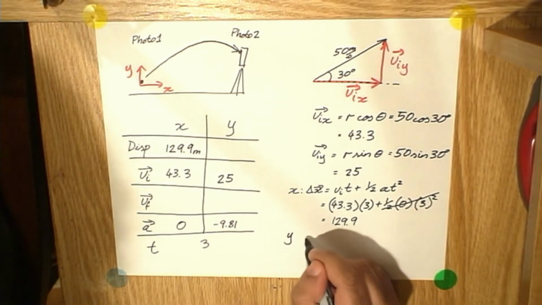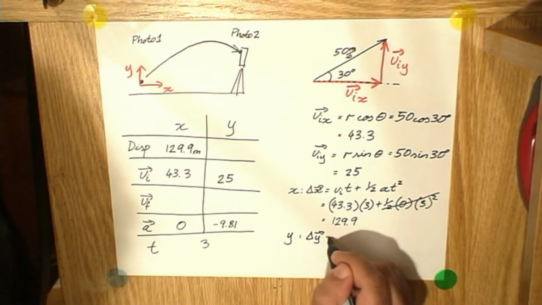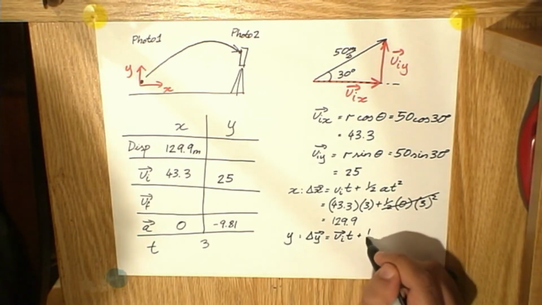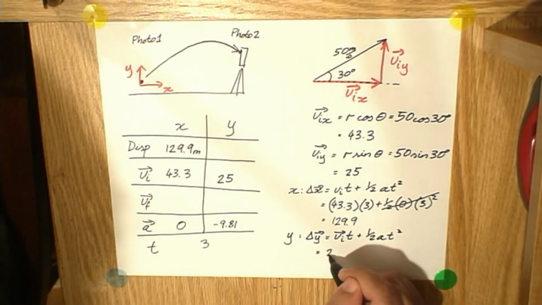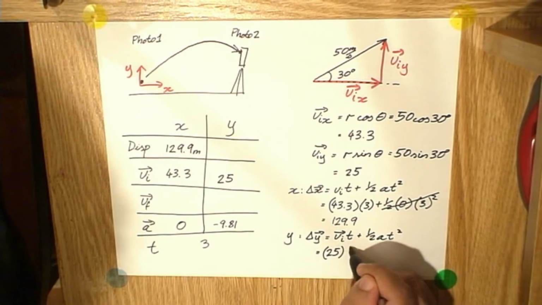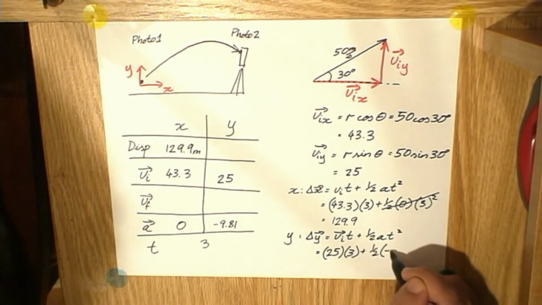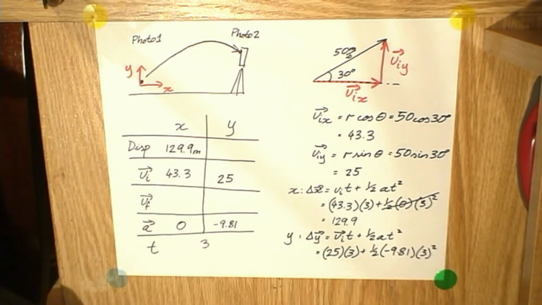And in the y direction, we can do the same thing. Delta y is equal to v initial times t plus 1/2 a t squared, which is 25 times 3 plus 1/2 times an acceleration of negative 9.81 times 3 squared.